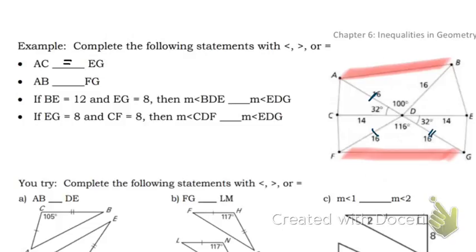This 16 is congruent with this 16. In fact, all four of them are congruent. Then we just look at the angle between them. One is 116, one is 110. Since 116 is bigger than 110, that must mean that FG is bigger than AB, but in this order, it's going to be AB is less than FG.